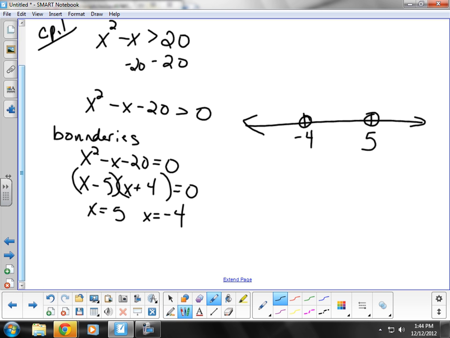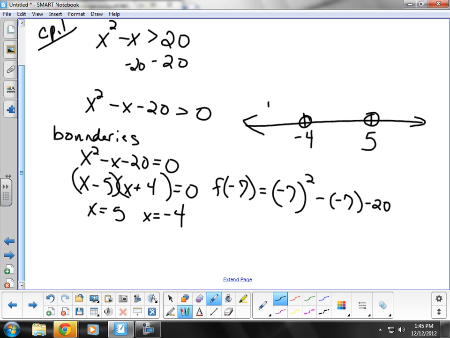So I go back to my sentence here, and I plug in negative 4, something less than negative 4, so negative 5. Or negative 7, I'm good with that. Plug in negative 7. If I'm finding f of negative 7, then what that means is I've got negative 7 squared minus negative 7 minus 20.